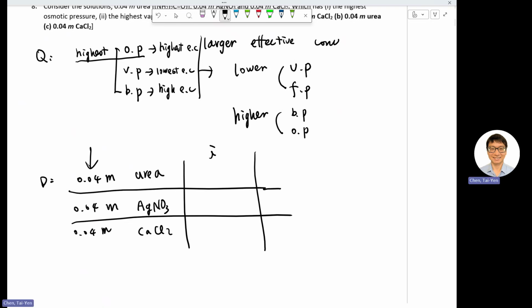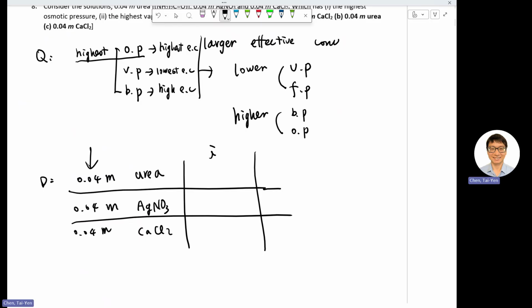You need to know, once you throw that substance into water, will it break apart? The things that will break apart, we call electrolytes. So what's the feature of an electrolyte?